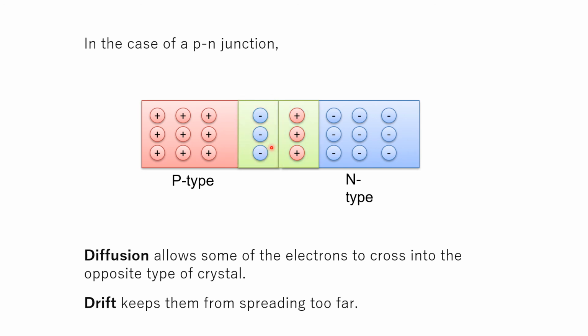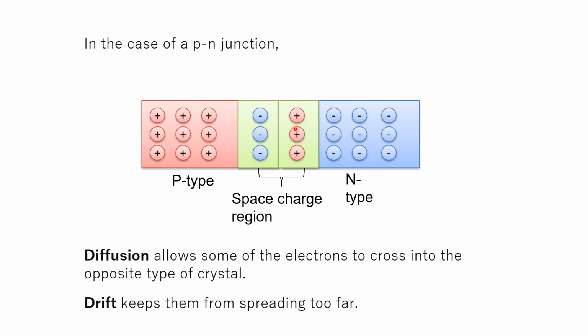This creates what you call your space charge region or your depletion region, which needs to be crossed once you're going to complete a circuit.